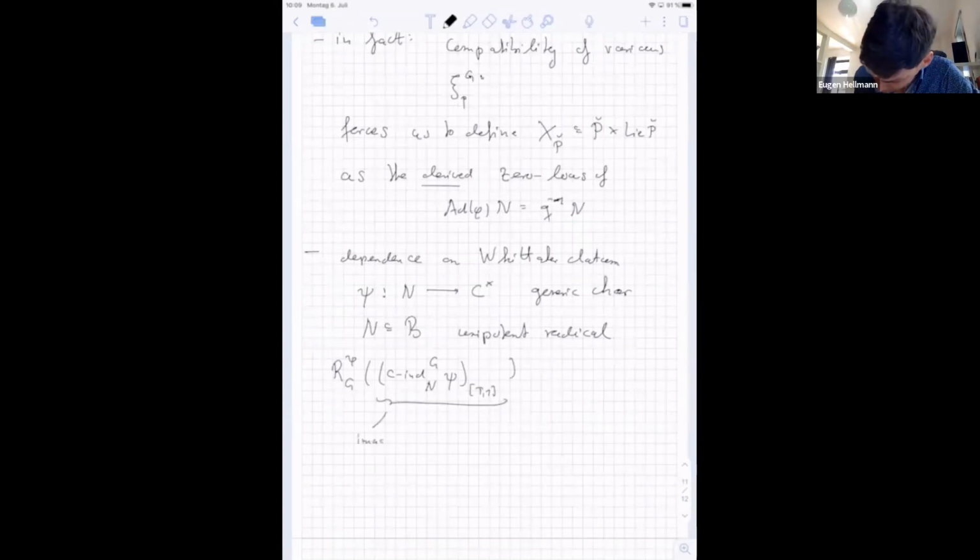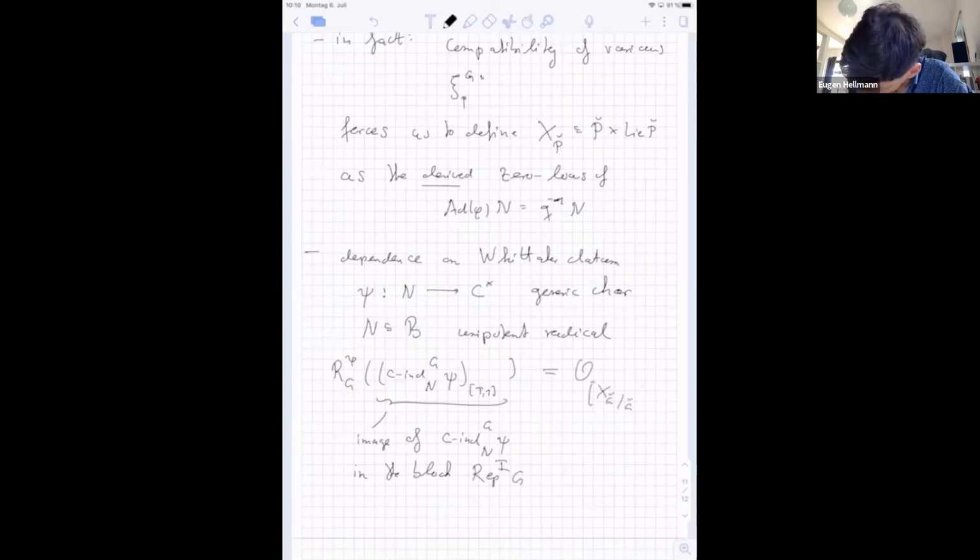So this is supposed to be the image of this compact induction in the block IG. Then this is supposed to be the structure sheaf. Okay, and that's maybe the easiest way to bring in this choice of a Whittaker datum.